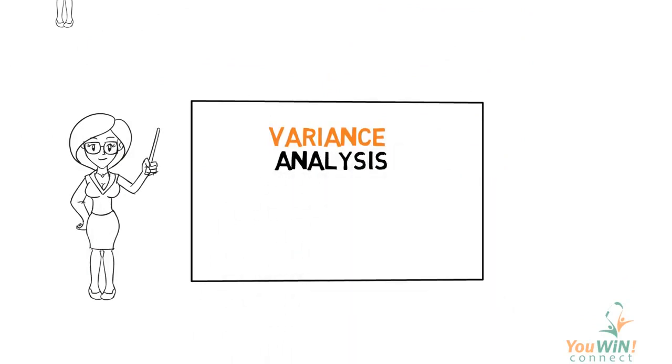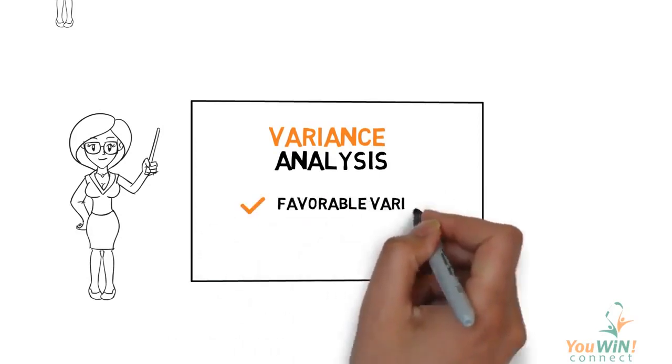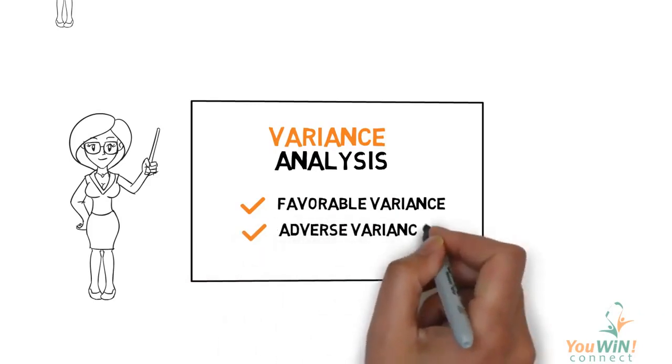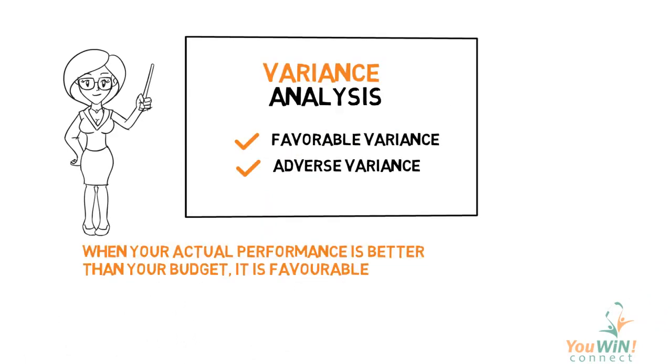Variance analysis. Variance analysis is the difference between your actual performance and your budget. We have favorable variance or adverse variance. When your actual performance is better than your budget, it's favorable. Let's take a look at some examples.